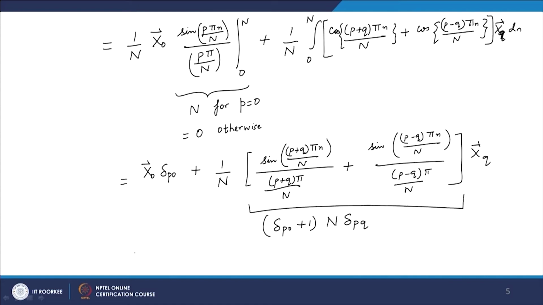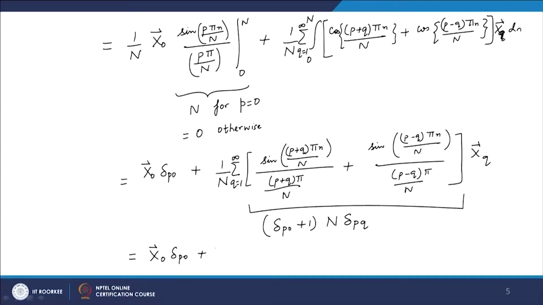And so, what we get is x 0, and this is sum over q equal to 1 to infinity. So, of course, since it starts from q equal to 1 and we have a delta p q inside, delta p 0 is not a possibility because we have taken that separately.